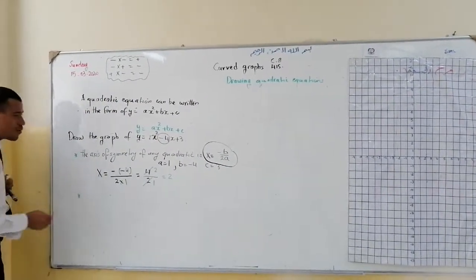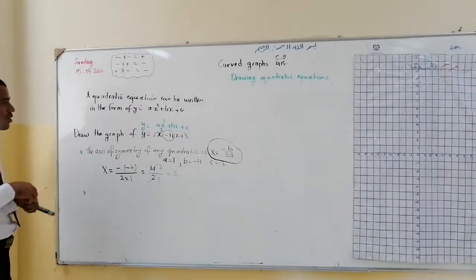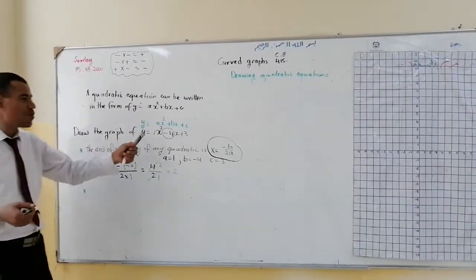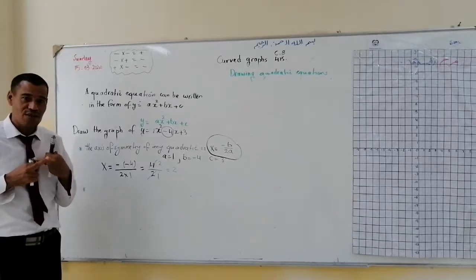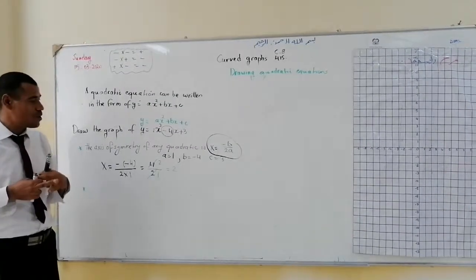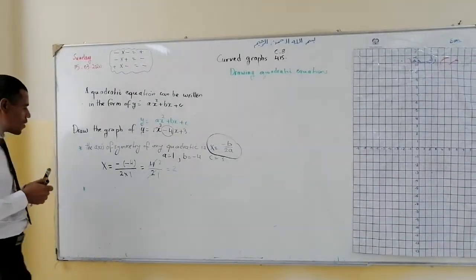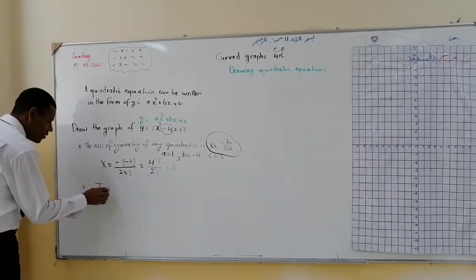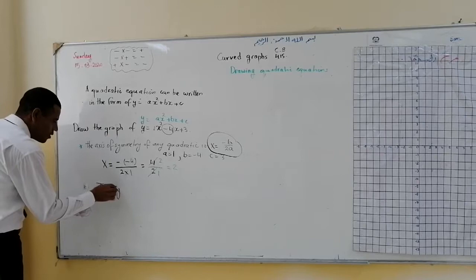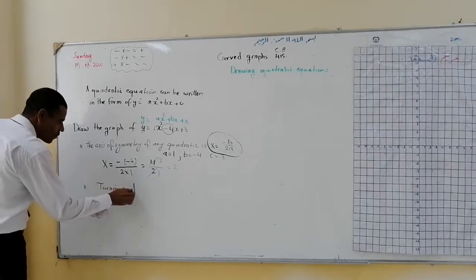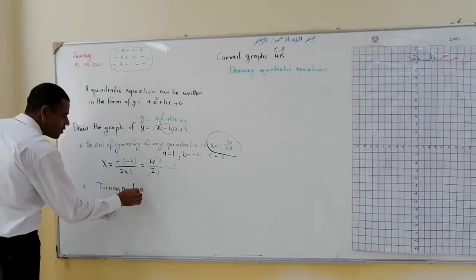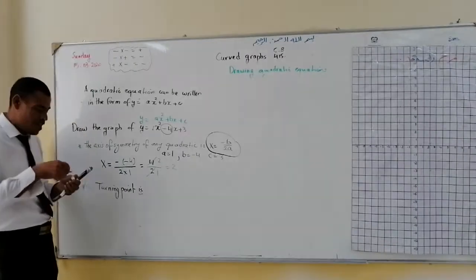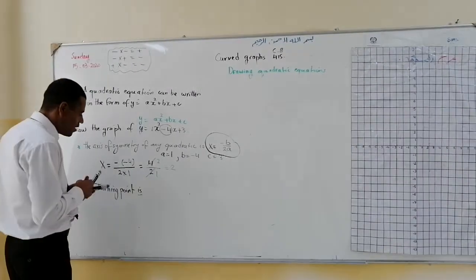Then my kids, how can you find the turning point? We know that any quadratic equation has an axis of symmetry and a turning point. Okay? So the turning point is what, first of all? It is the point at which the graph changes direction. Very good.